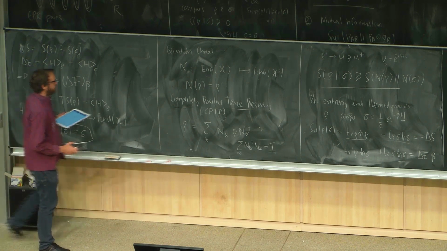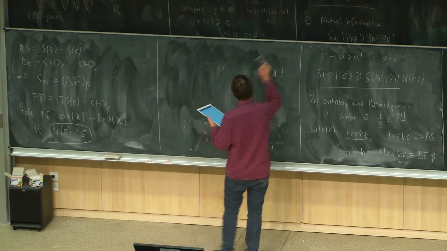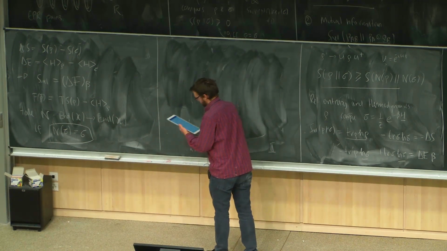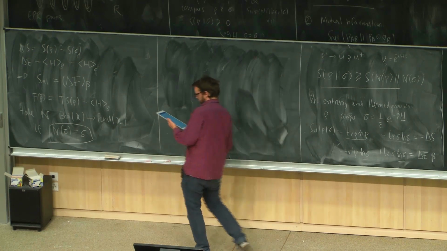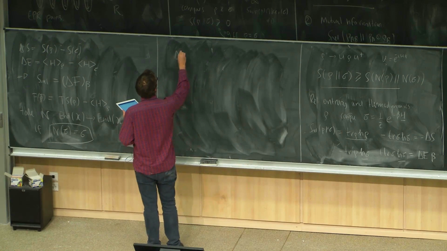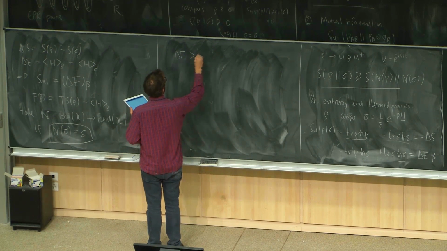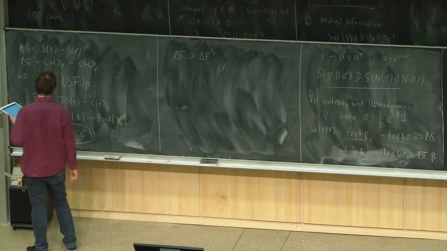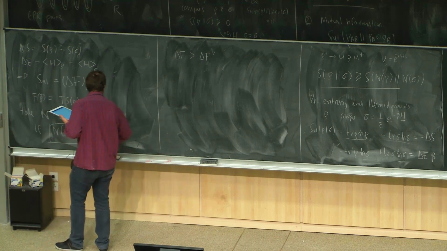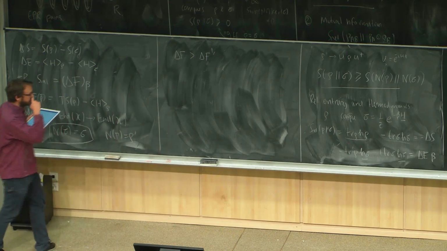And you find that delta F should be bigger than delta F prime, where prime is N of rho gives rho prime, so that's after the action.